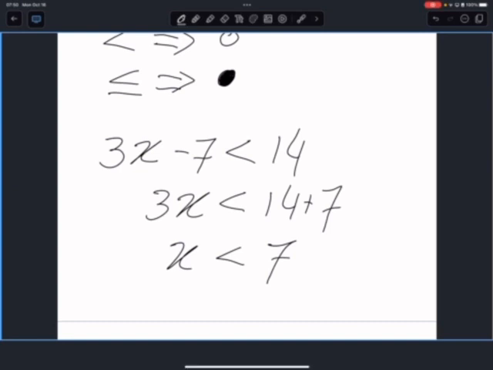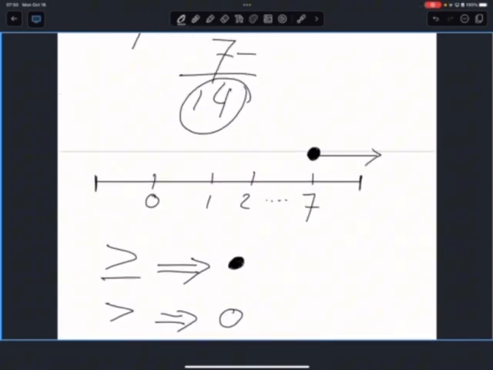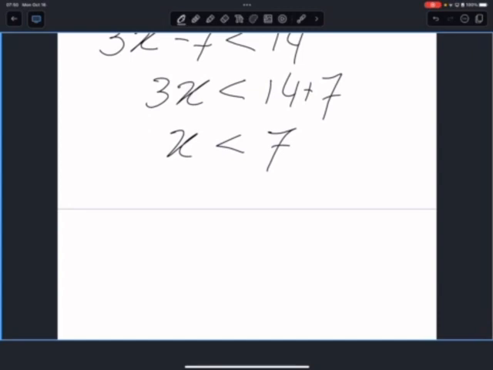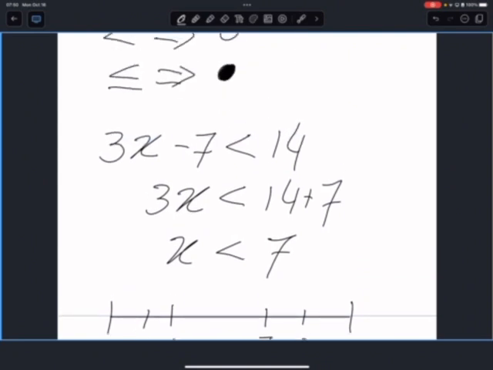Represent this answer in the number line. Same thing. So what do you get? A number line. 0. We have 7. Zero, 1, and so forth. If you notice, the symbol is a smaller than.